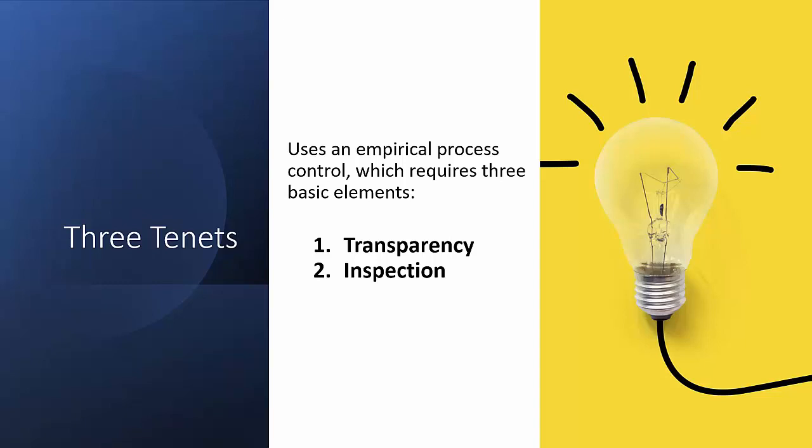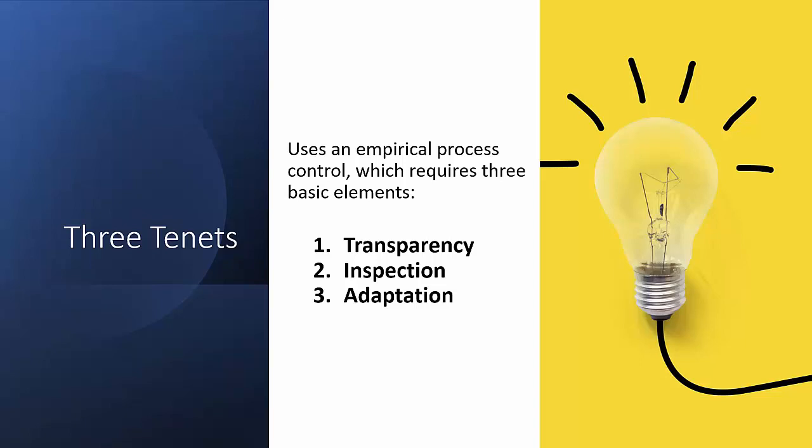And finally, the third tenet is adaptation, where the idea is that we take the feedback that we gain from the inspection and constantly make changes, introduce new information, adapt to the environment, to evolving ideas. So these 3 tenets represent Scrum and the different approaches that we will see from now on.